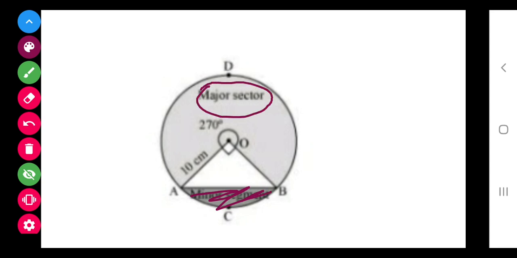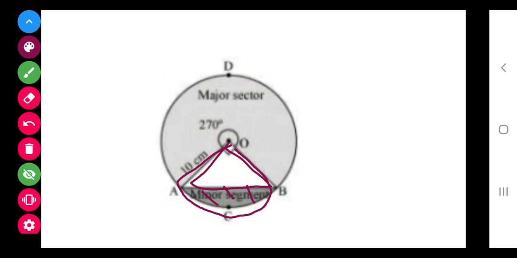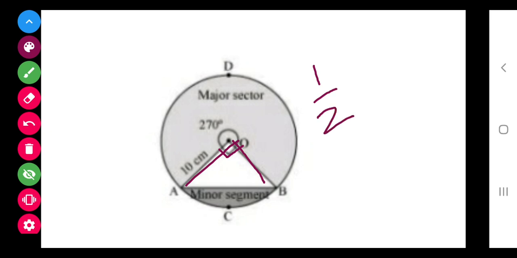So class, as we have done previously also, this is how we will derive: we will get the area of this sector, then we will subtract it from the area of the triangle. Now this is a right angle triangle, so directly we can use half base into height to get the area of this triangle, or we can use the formula that I have told you, 1 upon 2 r square sine theta.